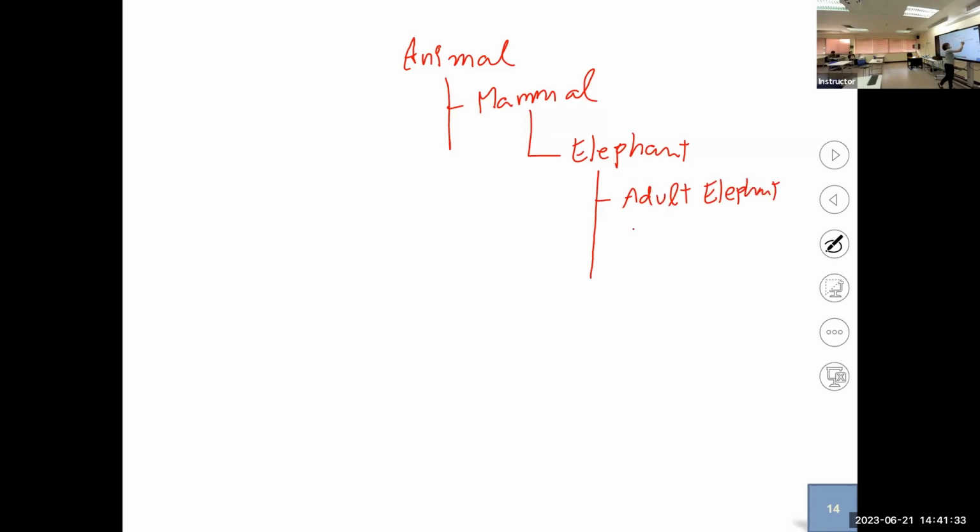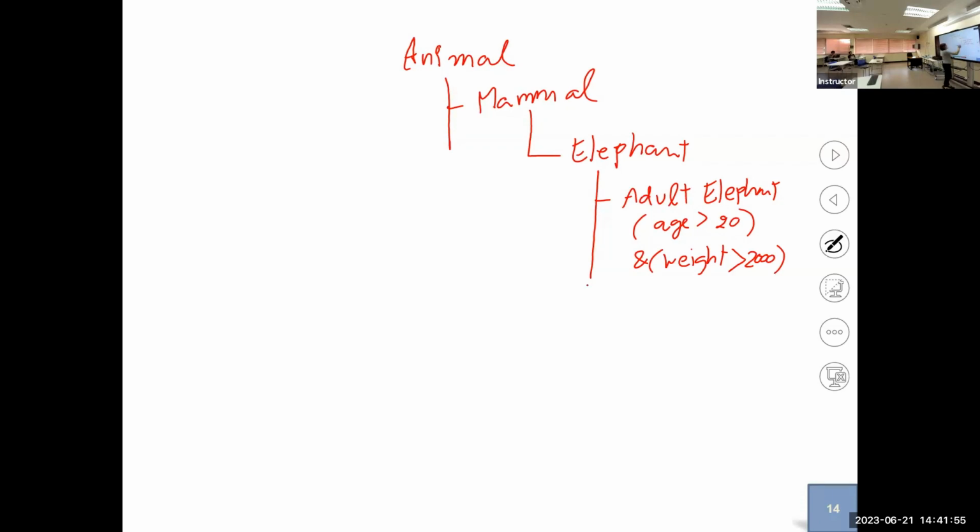And an adult elephant is defined to have age greater than 20, plus weight greater than 2,000 kilogram.